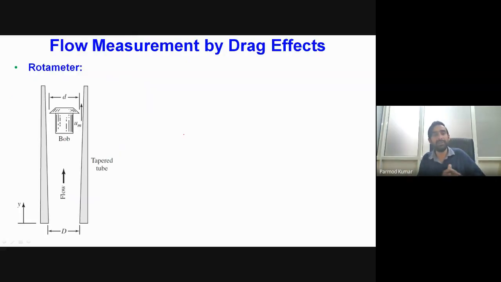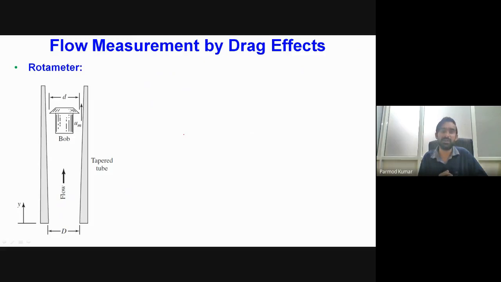Now, once again we are having some sort of obstruction in our flow direction, based on which we will find the value of the flow. But earlier, across the obstruction, we were measuring the pressure change. Now, whatever the obstruction we use, we will not employ the change in pressure across the obstruction to measure the flow.